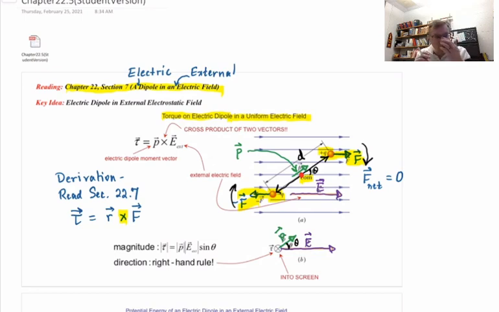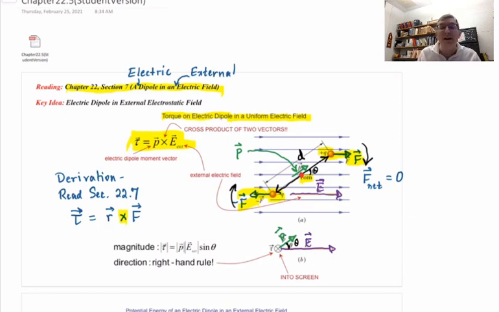And then when they do, what they get is a formula. And that's this formula right here in the middle. And that's the important formula that we have to use, because it will enable us to calculate the torque on an electric dipole in an external electric field. And starting with R cross F, the basic definition of torque from a force from last semester, it perhaps is not surprising that in this case for our dipole, our torque formula has a cross product, a vector product in it.